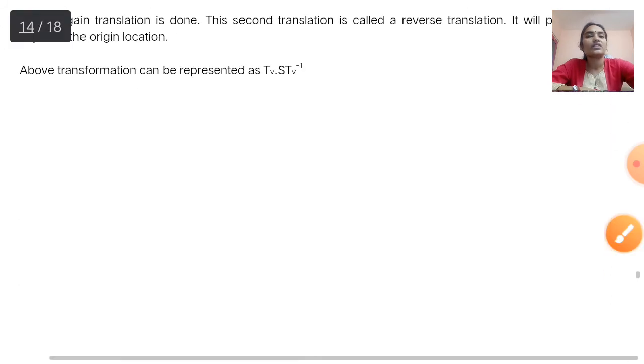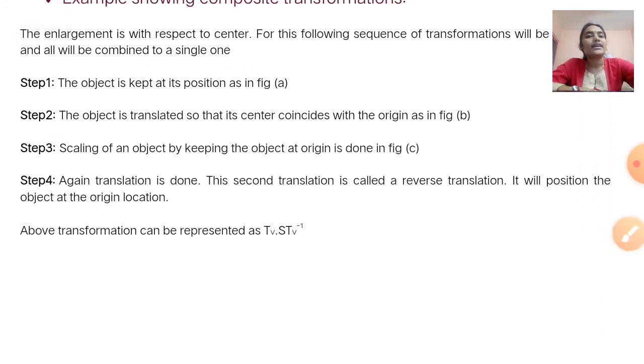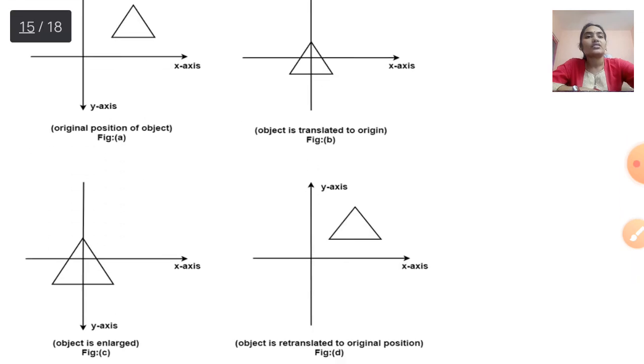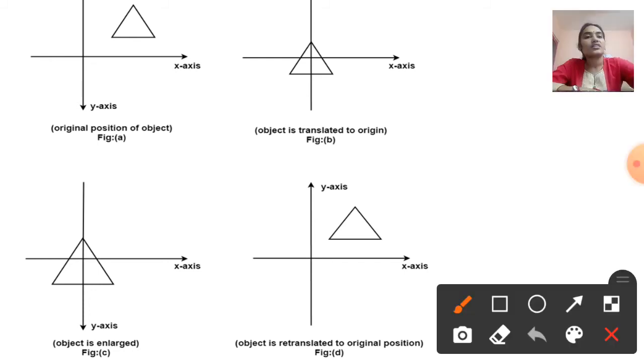After that, in the next step, scaling the object while keeping it at the origin is done. The object is scaled, that means enlarged. In this figure the object is enlarged but in the same place.